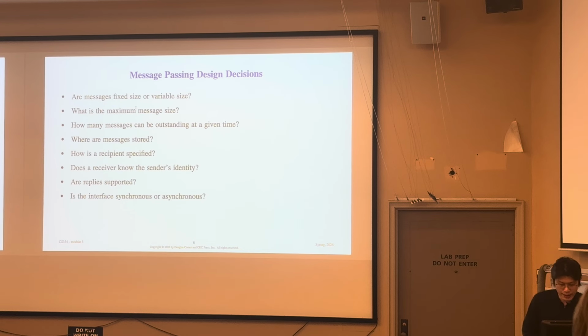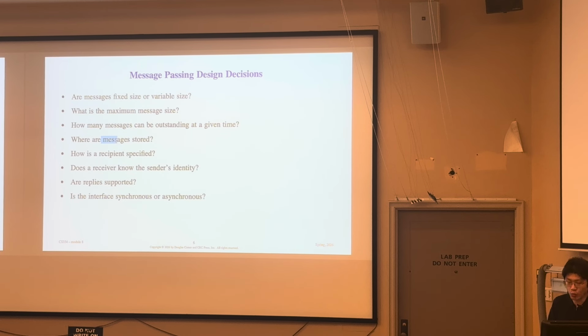Okay, so these are some of the questions you need to answer before you decide. First, message size: do you want a fixed or variable size? If it's variable, do you want a maximum message size? How many messages can be outstanding at a given time?